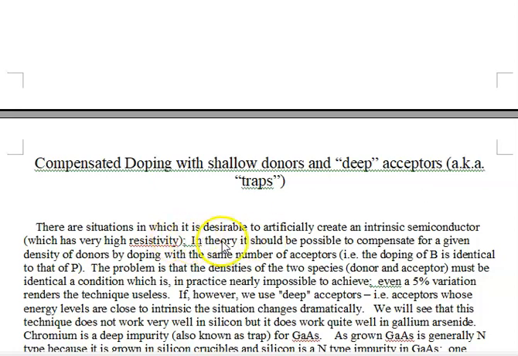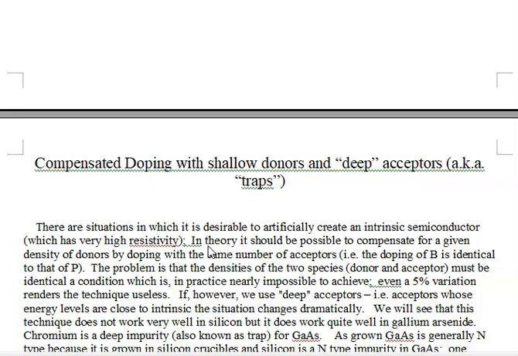Sometimes it's really desirable to artificially create an intrinsic semiconductor. Intrinsic semiconductors generally, except for tin, have very high resistivity. Now, in theory, it should be possible to compensate for donors by having an equal number of acceptors.